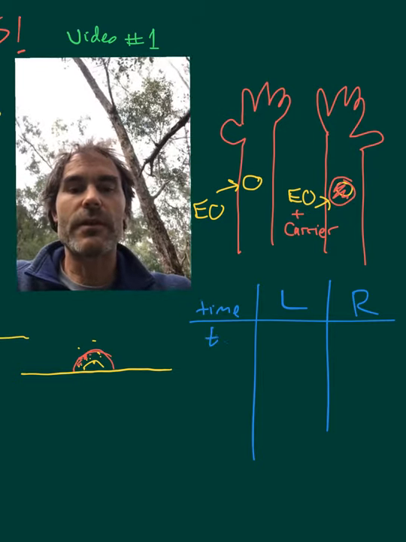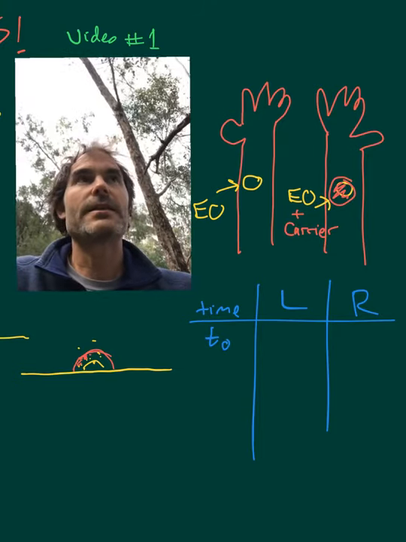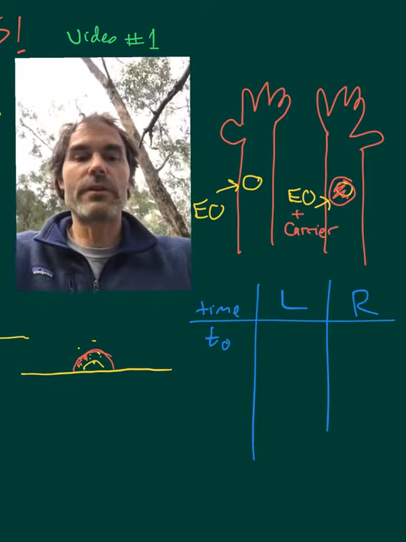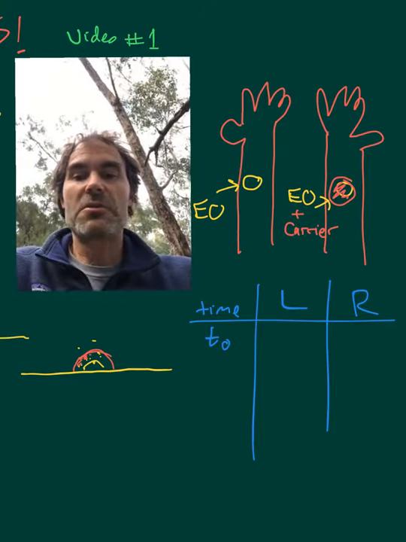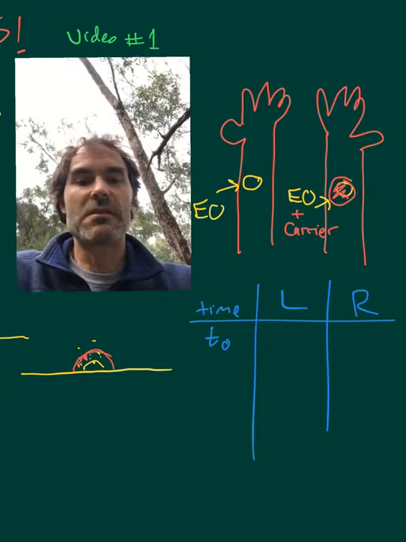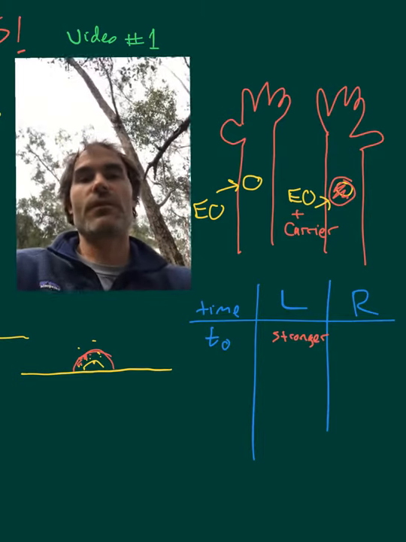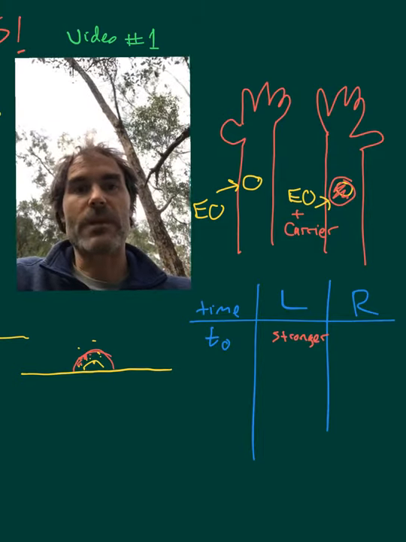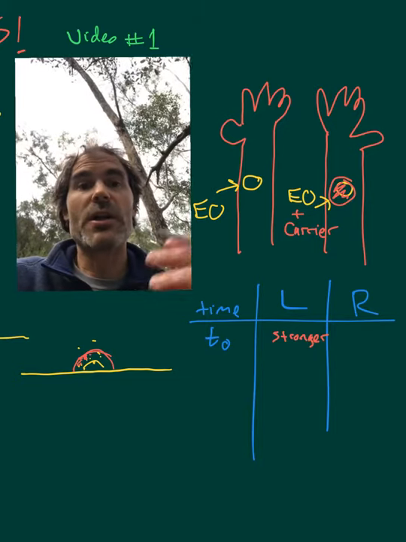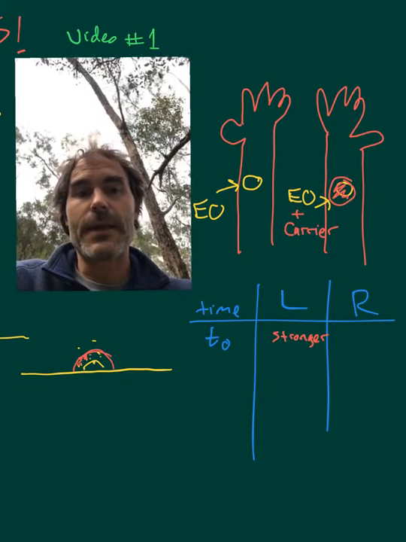You'll start at time 0. This is straight after you've put the oils on. You might note that the left arm smells stronger, or something like that, or that it has a different kind of smell to the other arm, and you might try to describe that smell.